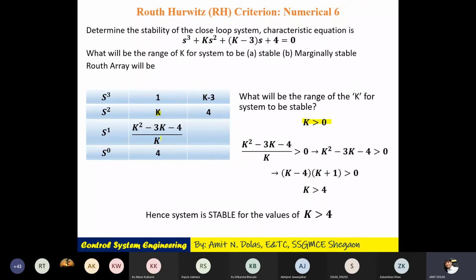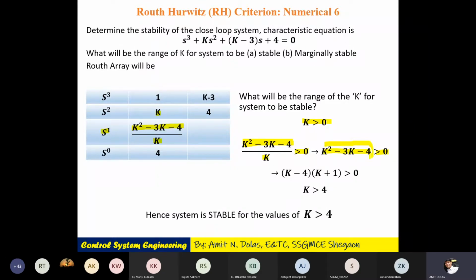Now we'll move to the next. There is one more term here in s to the power 1, that is (k square minus 3k minus 4) divided by k. This should also be greater than 0 to be positive. So for that, this term, that is k square minus 3k minus 4, should be greater than 0. So we may write this equation.